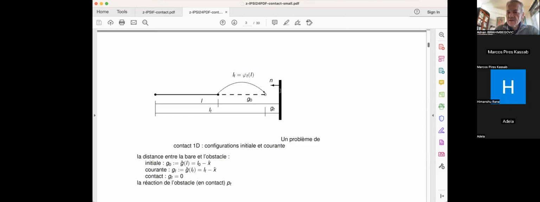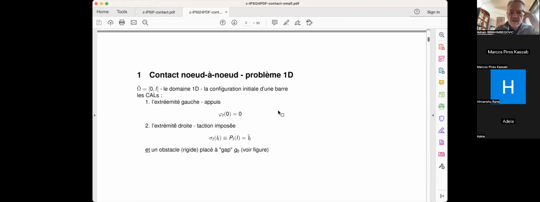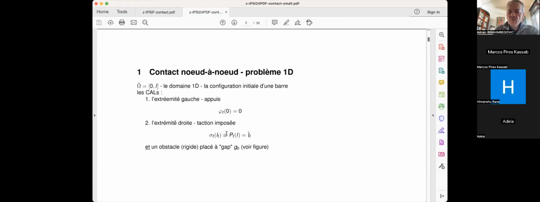But this time around, this large deformation is not possible because at a certain distance, G0, the initial gap, you place a rigid obstacle which doesn't let the structure go forward. So you have to define the usual boundary condition on the left-hand side, and to start with, the boundary condition on the right-hand side where you're applying the force.